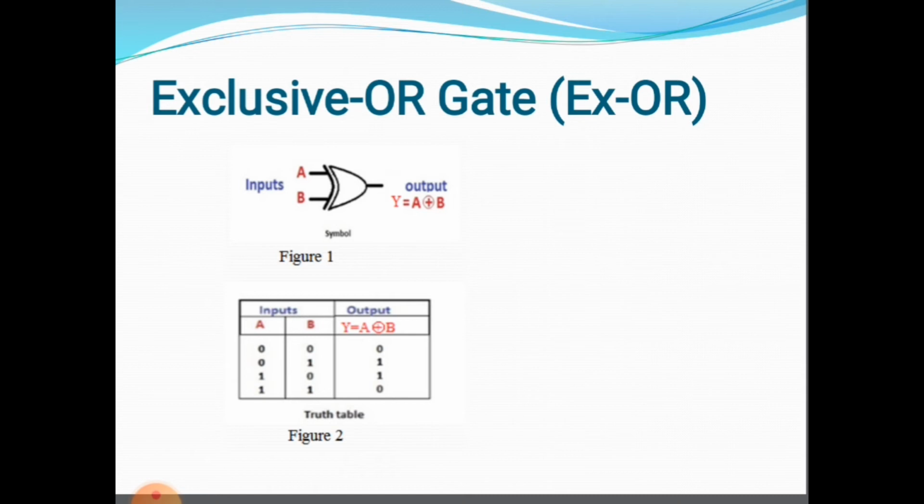The XOR gate is a digital logic gate that implements exclusive disjunction. The output of an XOR gate is low if and only if both the inputs are high or both the inputs are low.